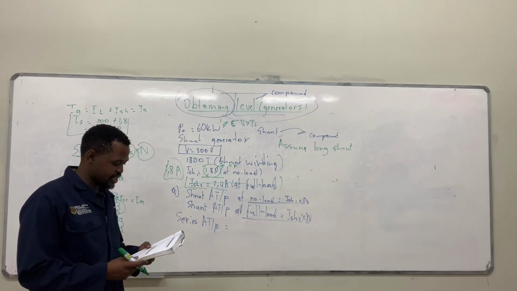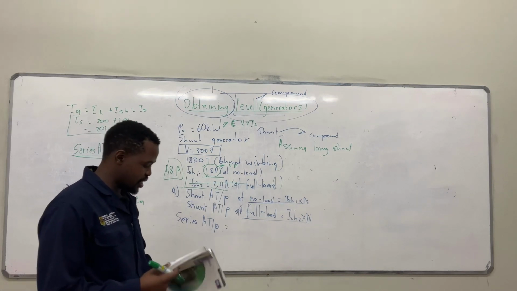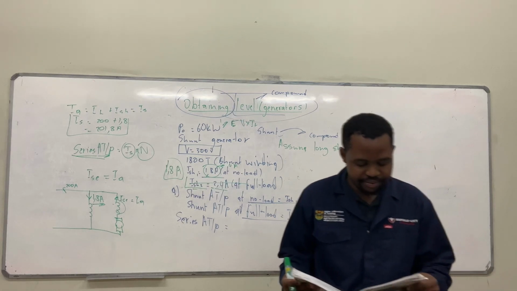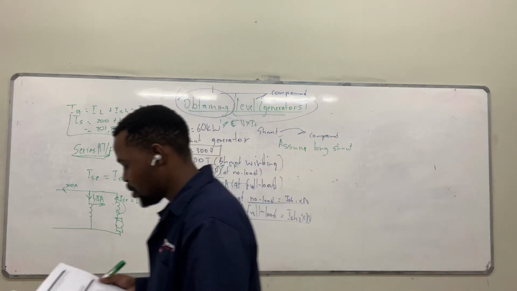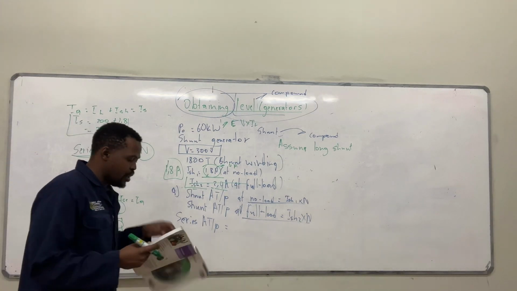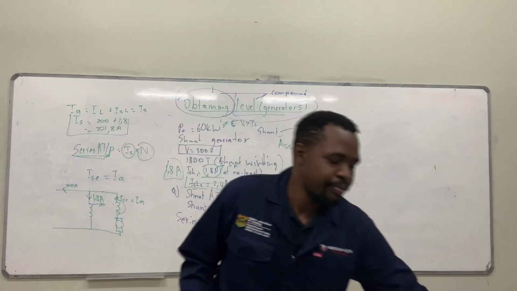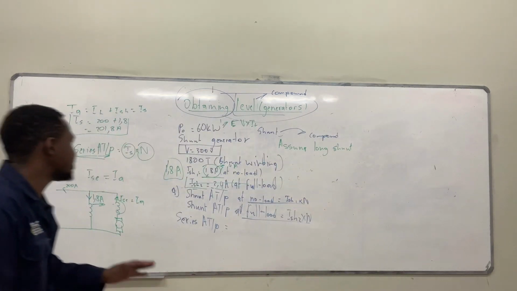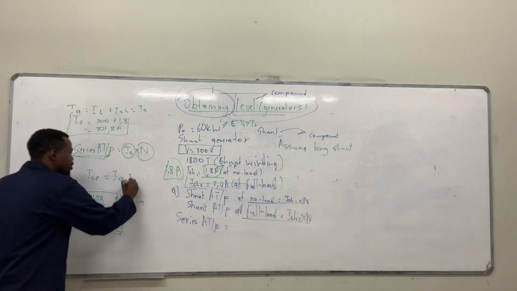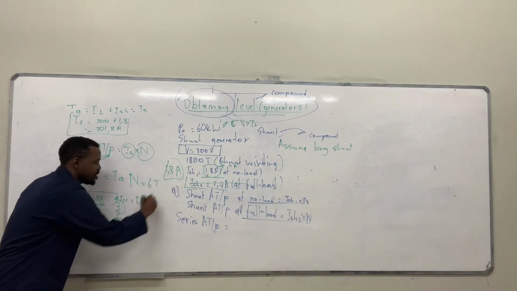Then the value of... to obtain what? Our calculation says we must have 6 turns.